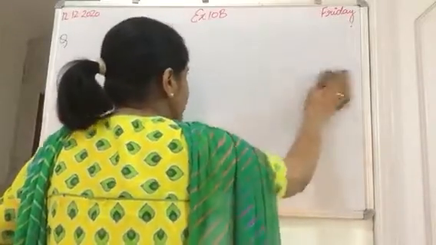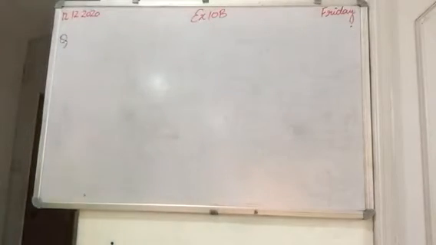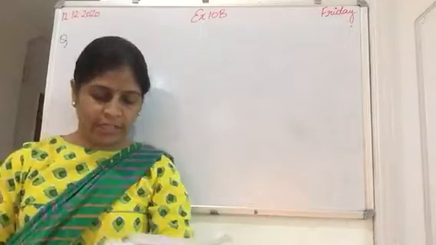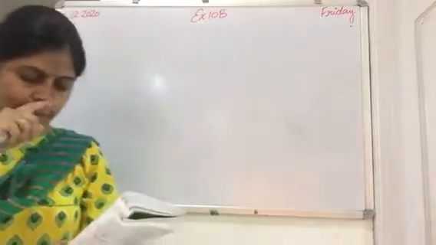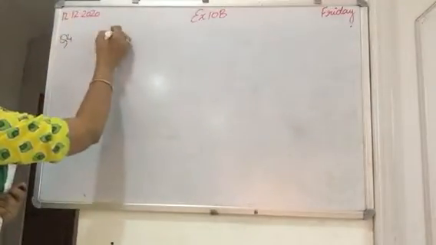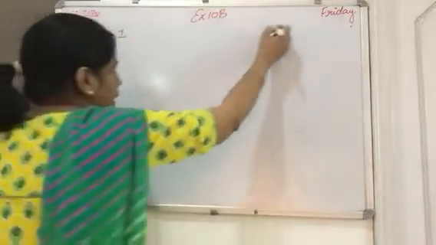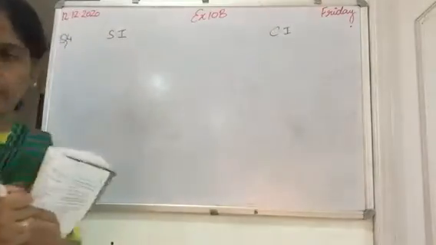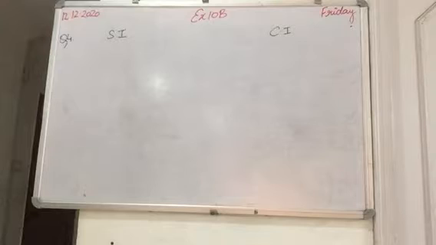Now the fourth question says, find the difference between the compound interest and simple interest. Just hold on, students. That means you have to calculate SI and CI, both the things. Find the difference between CI and SI.